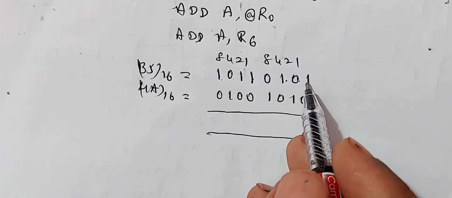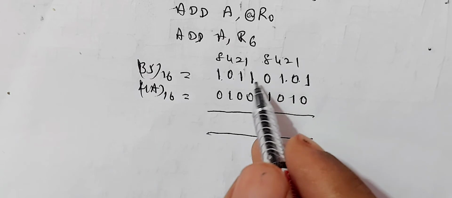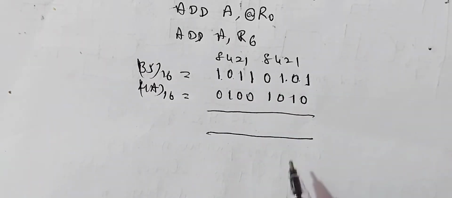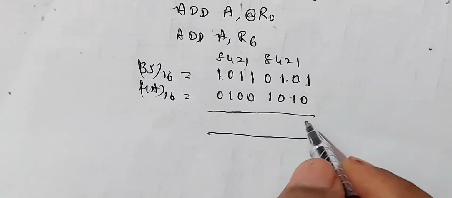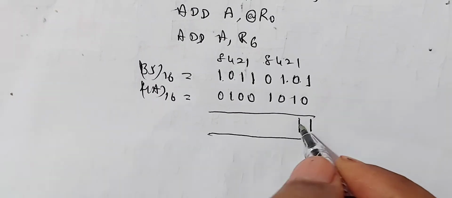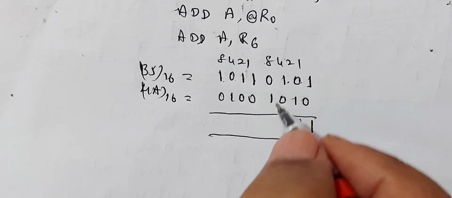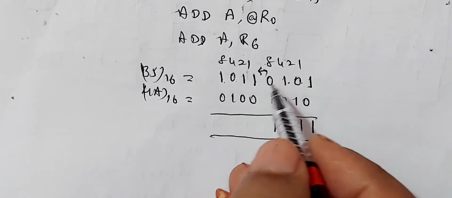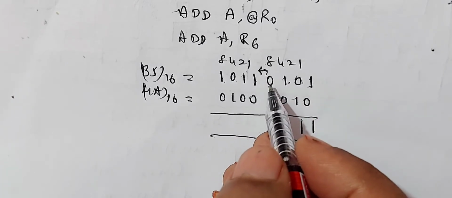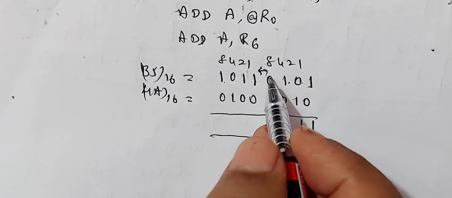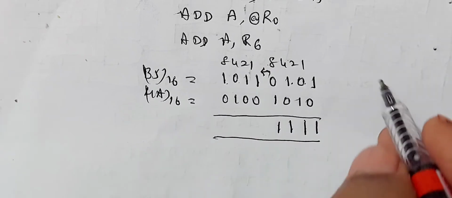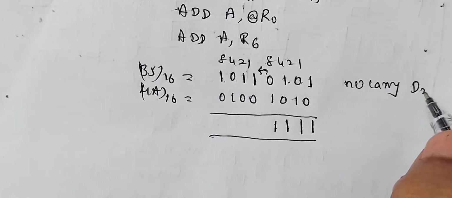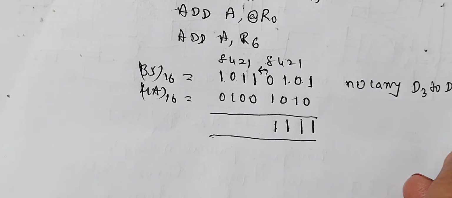Now add: 1 plus 0, 1; 0 plus 1, 1; 1 plus 0, 1; 0 plus 1, 1. And there is no carry from D3 to D4.